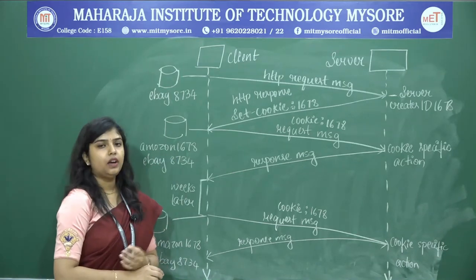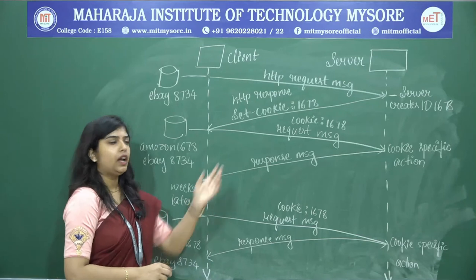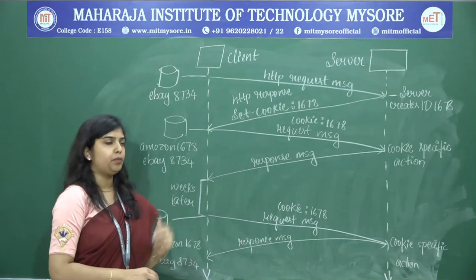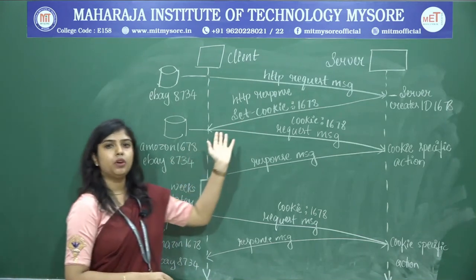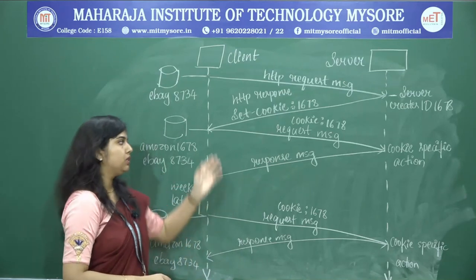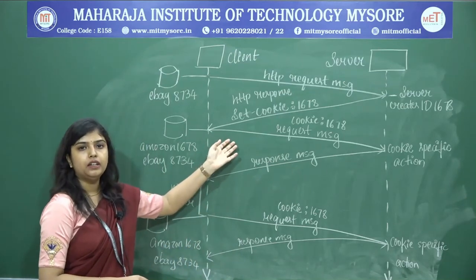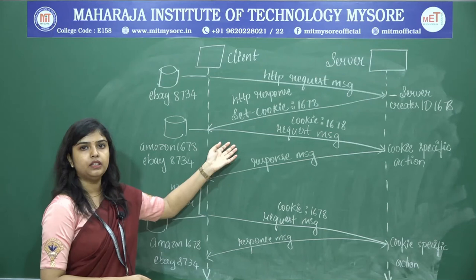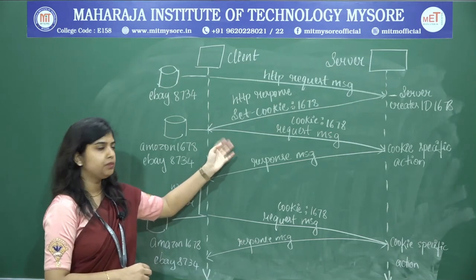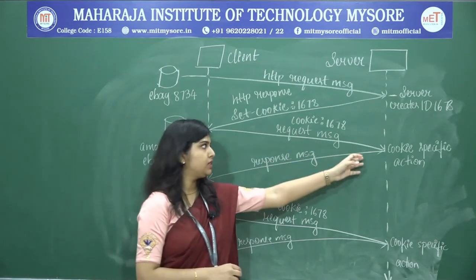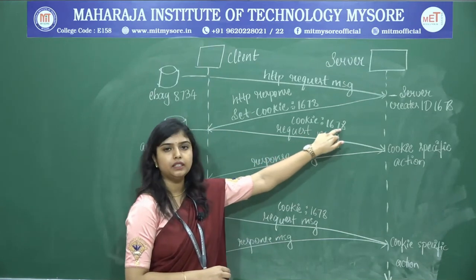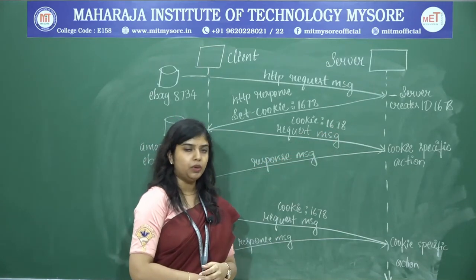Now she has requested a connection, and the Amazon web page has replied, and again she is browsing through the web page. She is ordering some product. Let us say she has ordered a face wash. Now she is sending the request message along with the same cookie and the identification number.